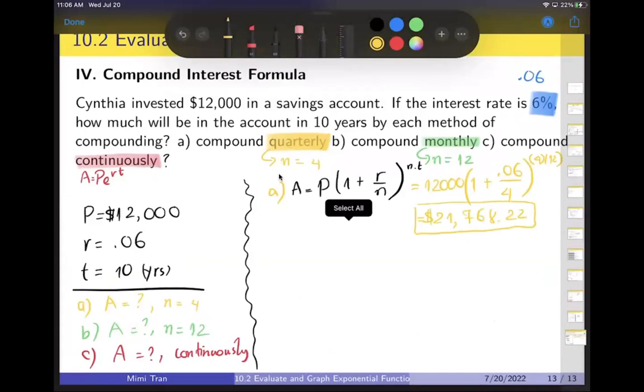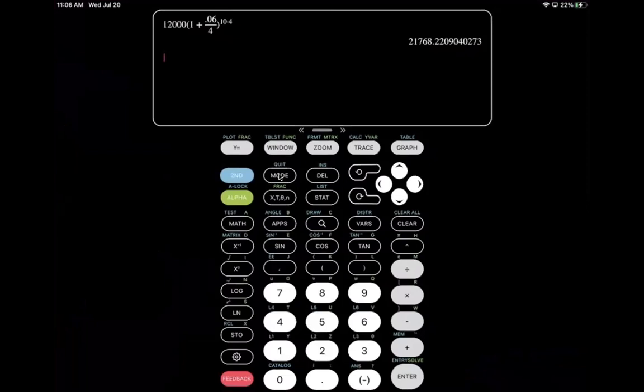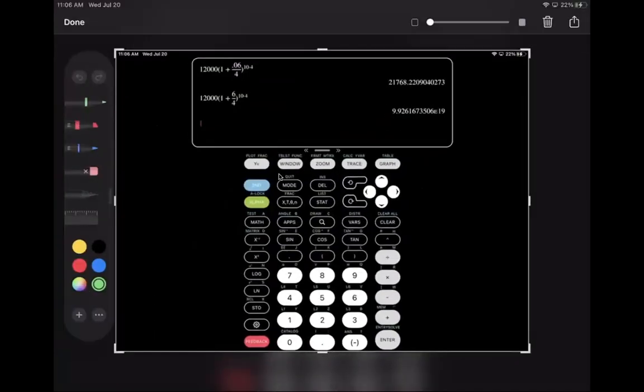Now let me show you what happens if you don't change 6% into 0.06. Go back here, delete, and I'm going to put 6 instead of 0.06. Look at how much she makes. By the way, if you see the E19, that means 9.926 something times 10 to the 19.